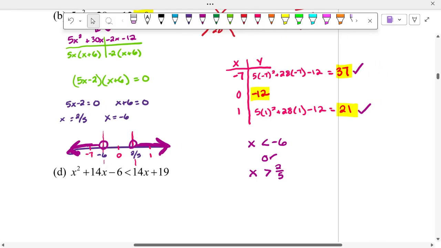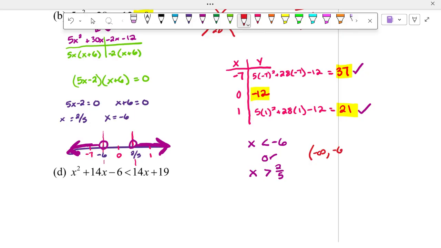So if I wanted to use interval notation, I would say that my solution set is from -infinity to -6, union, meaning it stops and then it picks up again, at 2/5 to infinity.